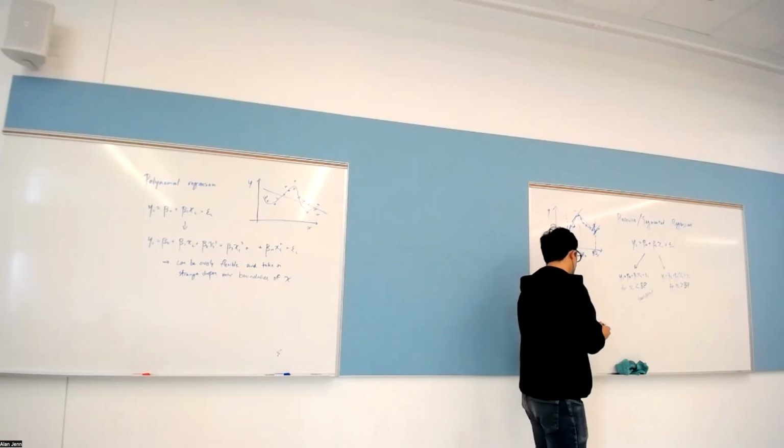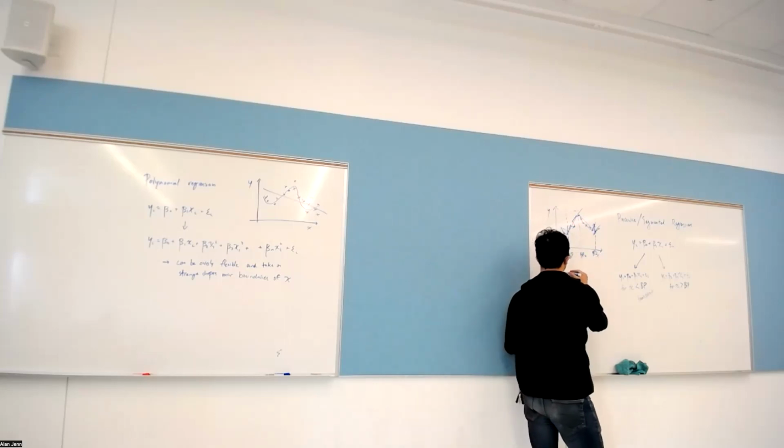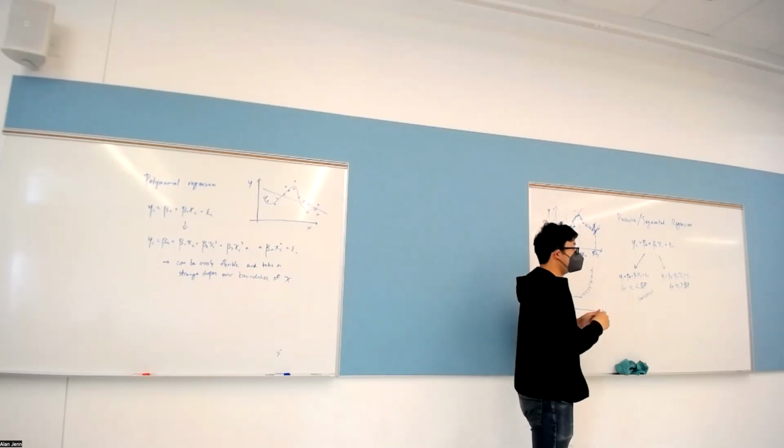But what if it were like, what if it was like this? Right, then maybe you would want one here. So it's not necessarily about the slope changing.